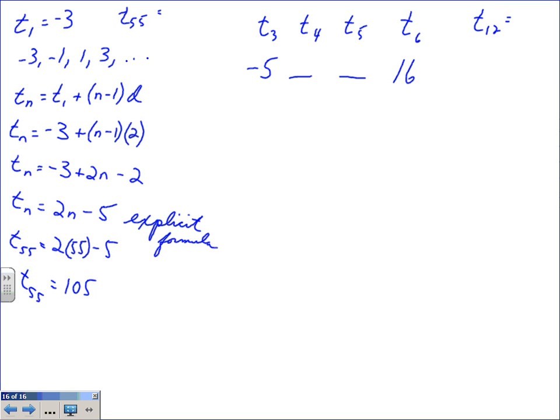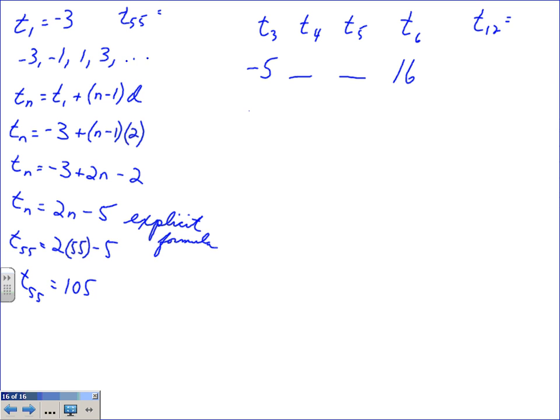All right, so let's work this one out. Let's say that negative 5 is your first term. I know it's not, but we're going to say it is. And how many terms do I have altogether there? 4 that are given, right?